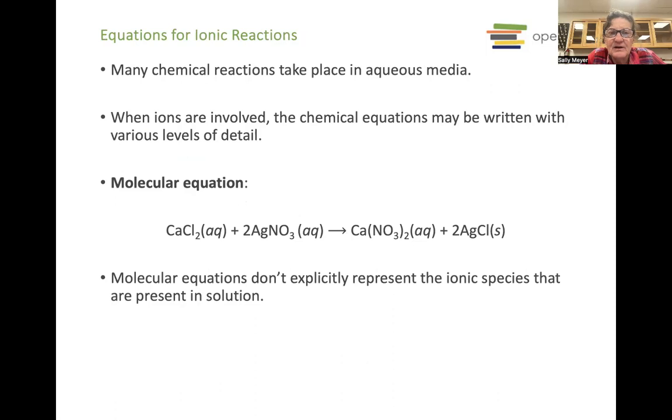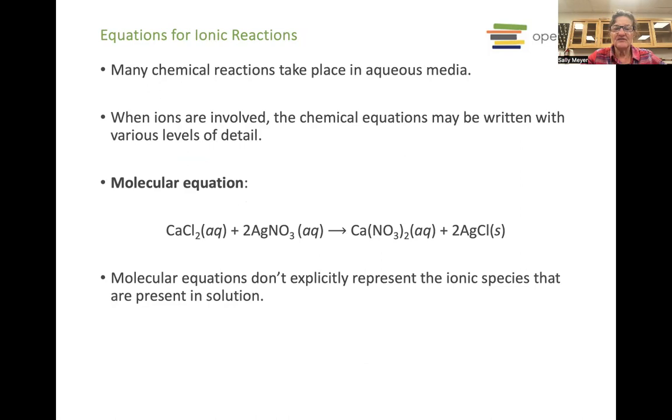So now if we're talking about equations for ionic reactions, so reactions that take place in a solution of water, where it's an aqueous solution. When ions are involved, the chemical equation can be written with various levels of detail. So this first one is a molecular equation, and the type of reaction that we're going to be looking at here is called a precipitation reaction.